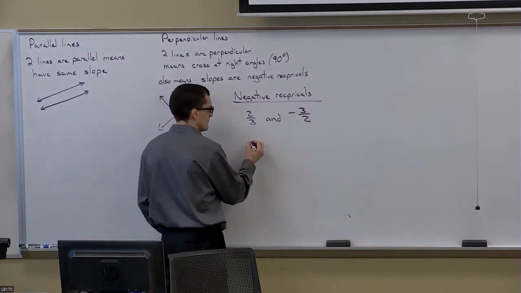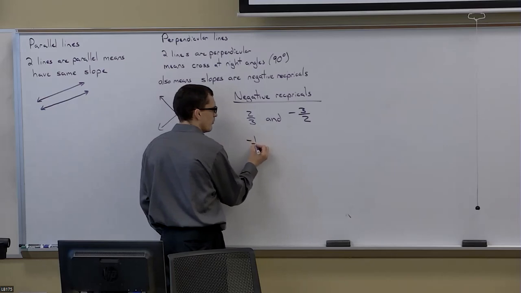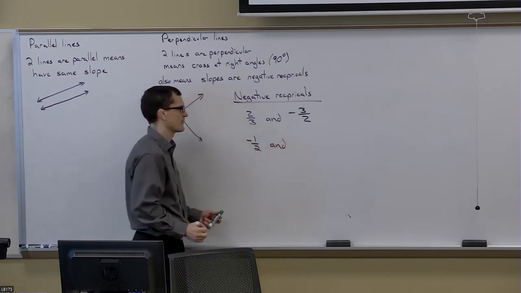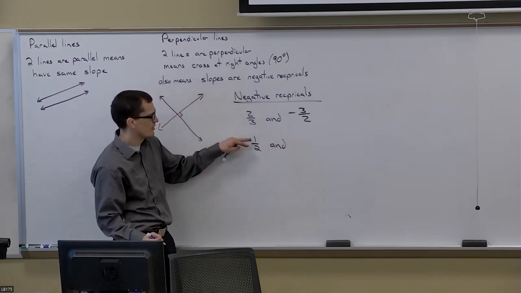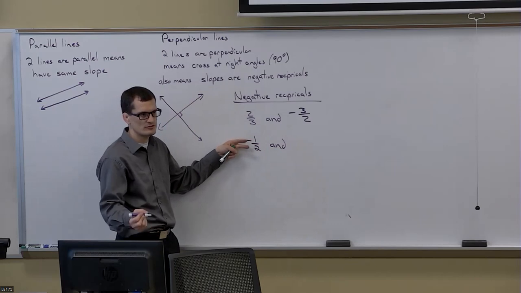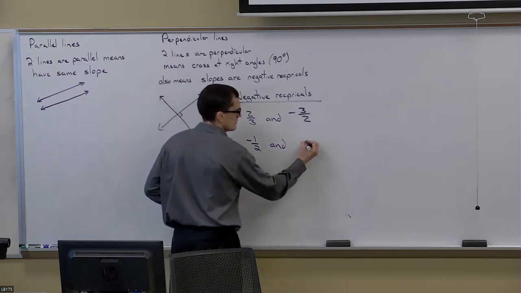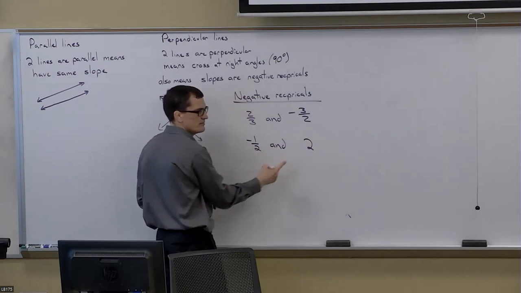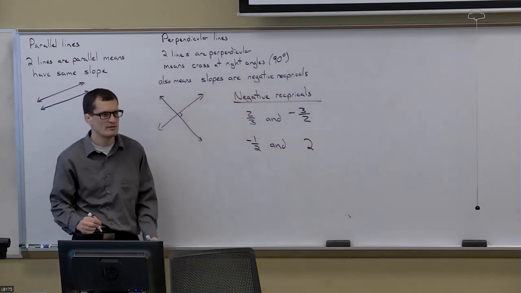If we deal with something like -1/2, well, the reciprocal of 1/2 is 2/1, which is just 2. And negative of negative means I get a positive 2.